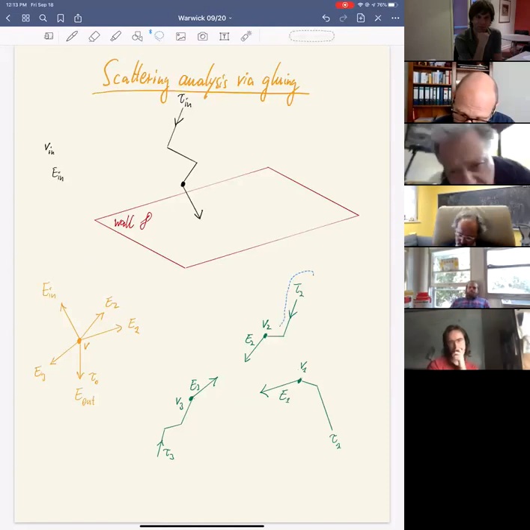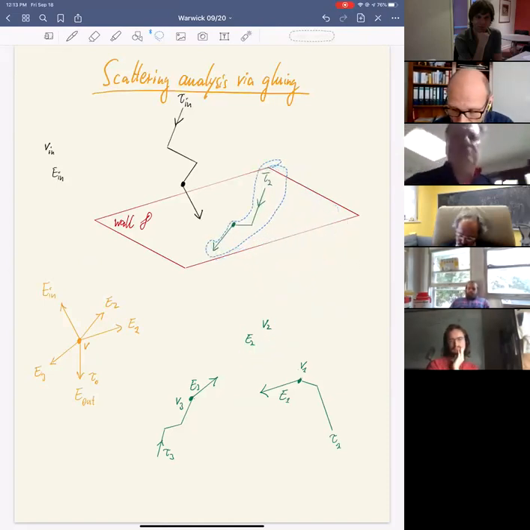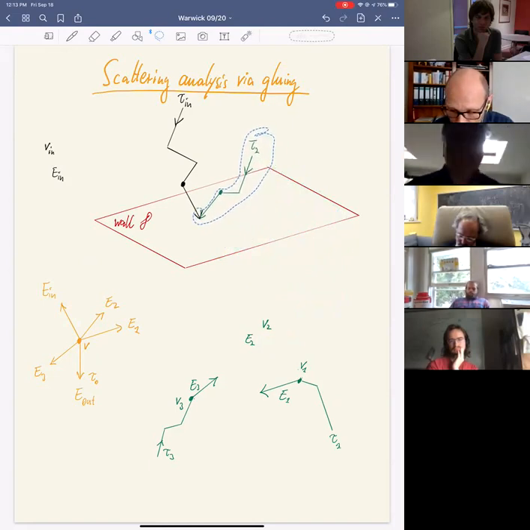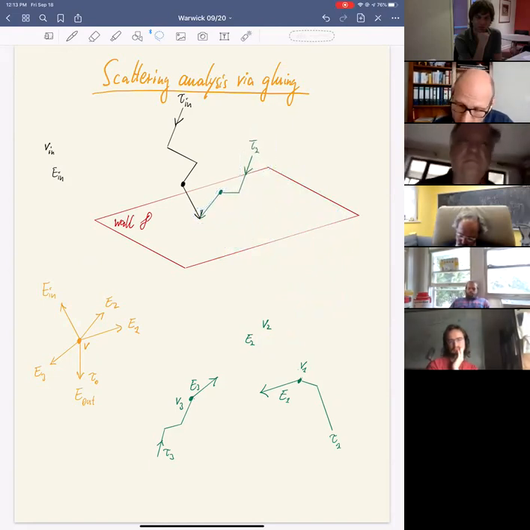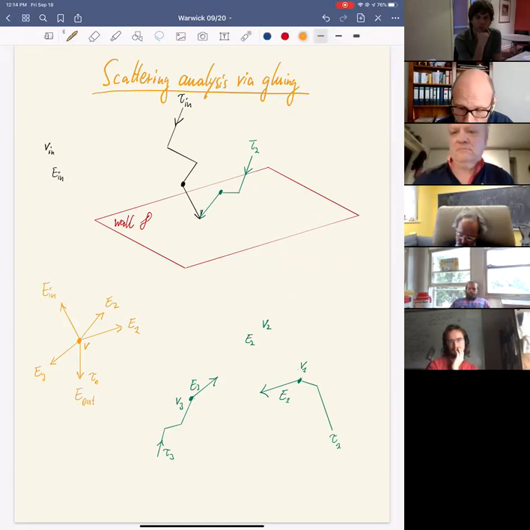Okay, so then you have this stuff that lives on the wall. So this is stuff that comes from one-punctured Gromov-Witten invariants. They only have these outgoing contact orders, so something here, and it comes from somewhere.